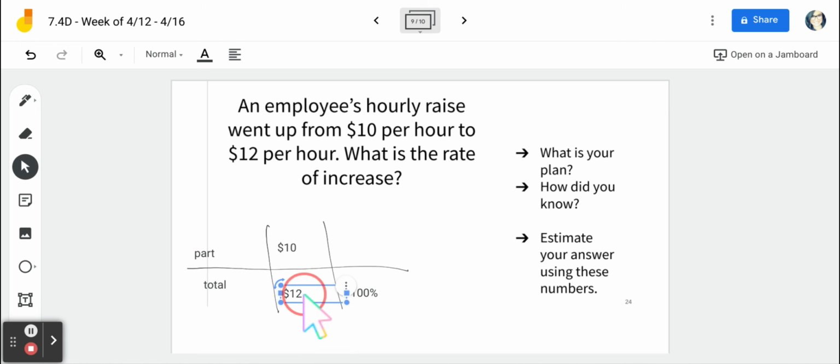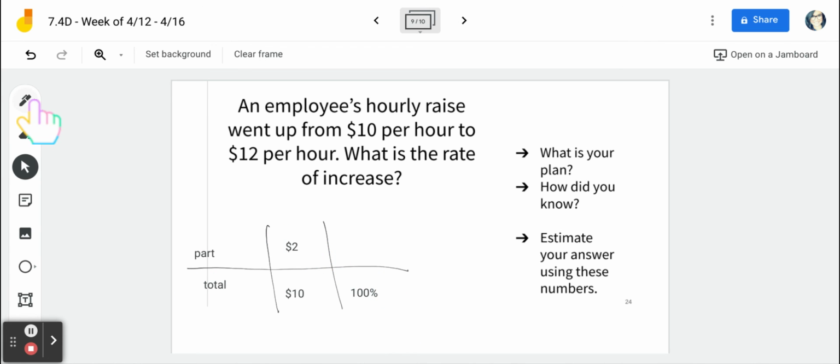And sorry, I'm doing this wrong, actually. This would actually be a common mistake. Now that I'm actually thinking about it, this would be my total cost. It went up $2. So $2 would be my part. That would represent the amount that the rate increased, the rate per hour.